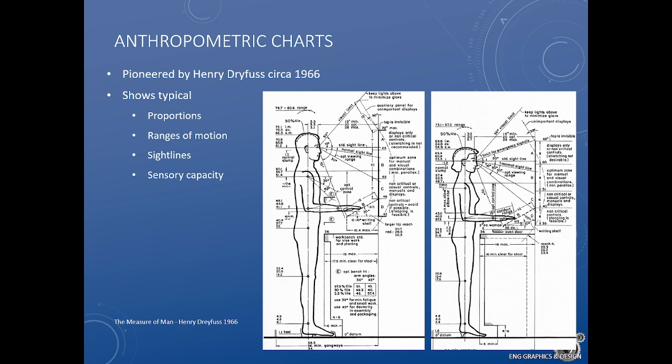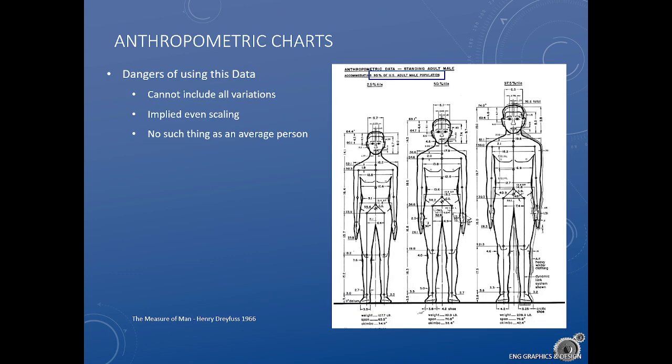They show things like proportions and range of motion, like what can a human reach? Where do our arms go? So if we're trying to design a workspace, we don't put something 8 feet up over here. We can get a sense of how big people are, and how we see.